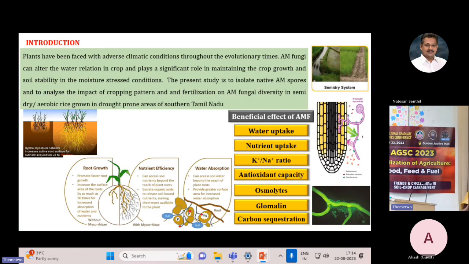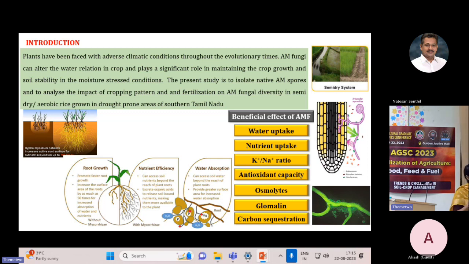Let me introduce my topic to you. As Arun Kumar has already introduced rice and drought, plants have been faced with adverse climatic conditions. Drought is a major abiotic stress which influences crop growth and productivity in rice and other major crops. AM fungi, arbuscular mycorrhizal fungi, are the main hero, the main concept of my research.